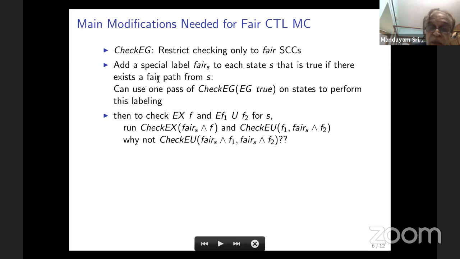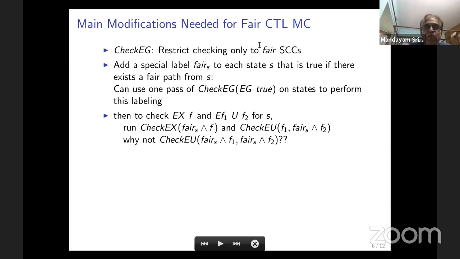Now, whether that fairness label in a particular state is true or not, you can check by doing one pass with the EG algorithm, with EG true, okay? So you will have to check this for fair SCCs, I should say.